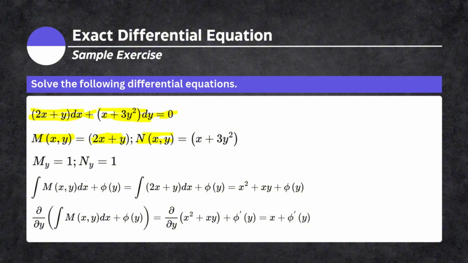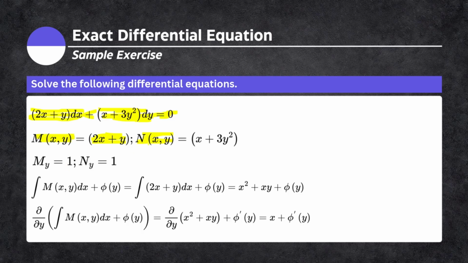Doing the partial derivative of M with respect to y, we have 1 here. So any variable aside from y will be considered as constant. We're just simply differentiating y here, so if you differentiate y, it will give us 1.